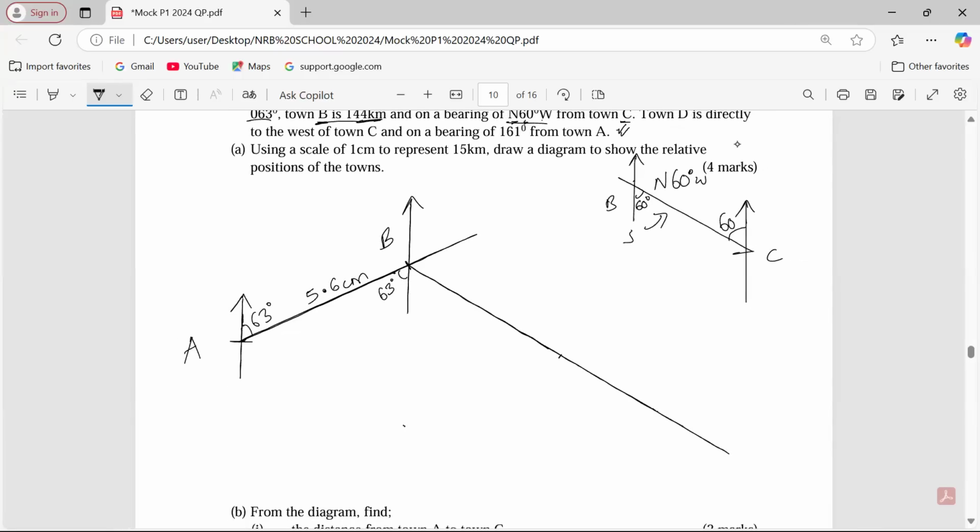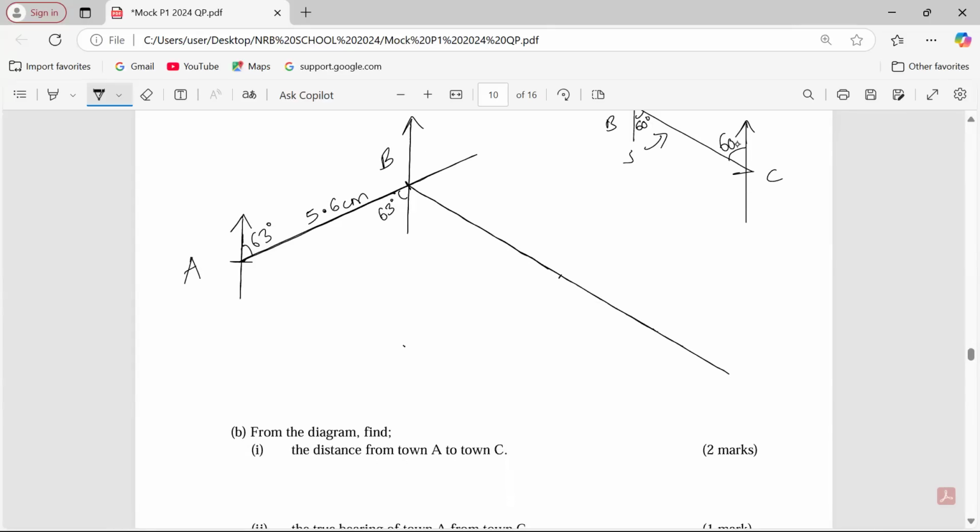I'm supposed to measure 9.6 centimeters on my ruler. 9.6 is going to be at this point. That is 9.6, and this will be my position C.